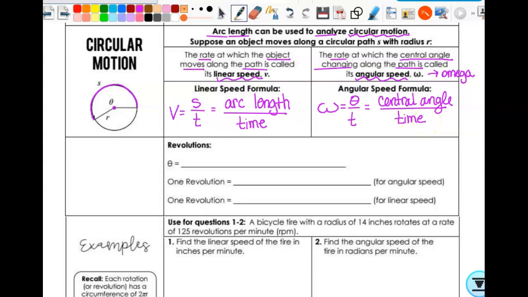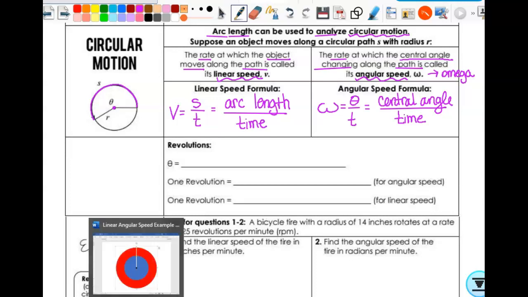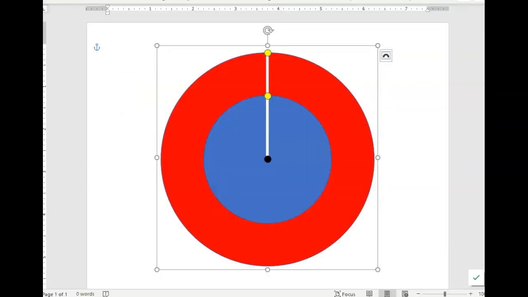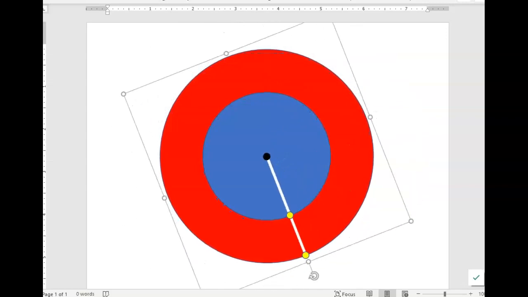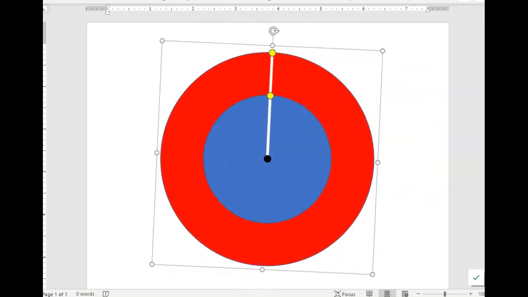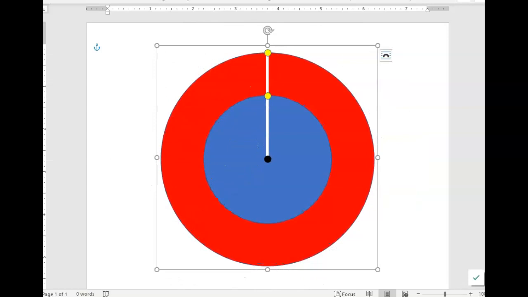So let's talk about the difference between linear and angular speed and how they don't necessarily go hand in hand. Something can have the same linear speed but not the same angular speed, and vice versa. Here's something I made in Word. I have a blue circle and a red circle, and these yellow points both start at pi halves, if we think about it as a unit circle. If I make one full rotation, those points both traveled 2 pi radians.